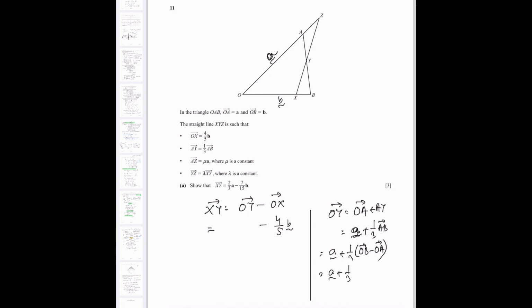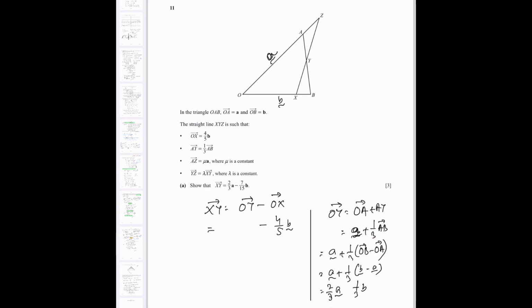OB is what? OB is b and OA is a. And simplify: 1 by 3 b, 1 minus 1 by 3, that is 2 by 3 a.